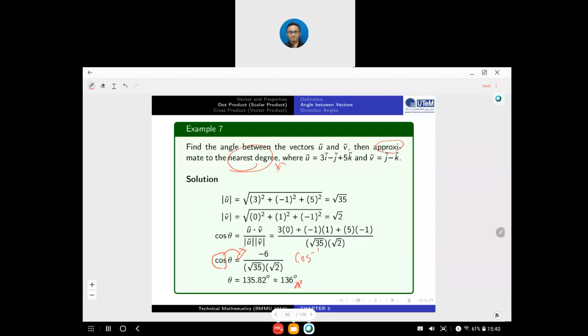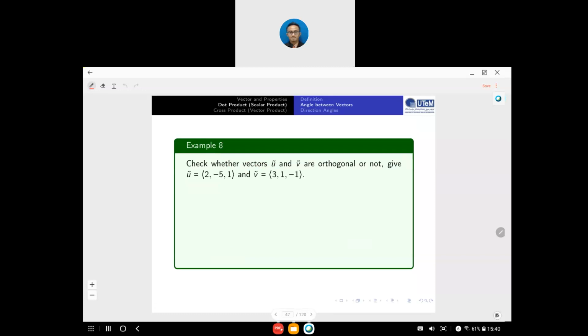Now, look at example 8. Check whether vectors U and V are orthogonal or not. Given vector U equals (2, -5, 1), and V equals (3, 1, -1).